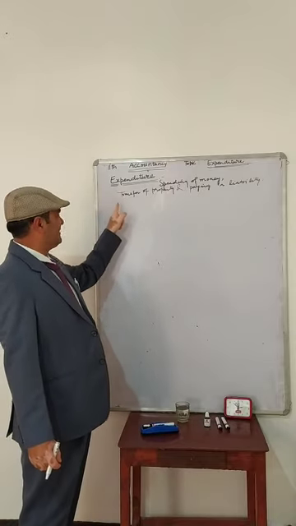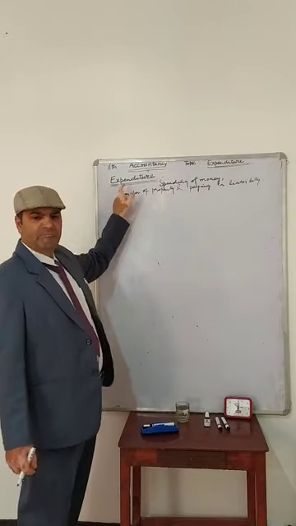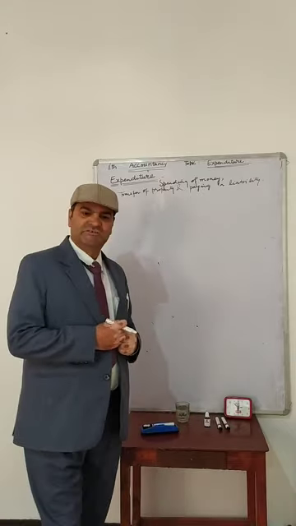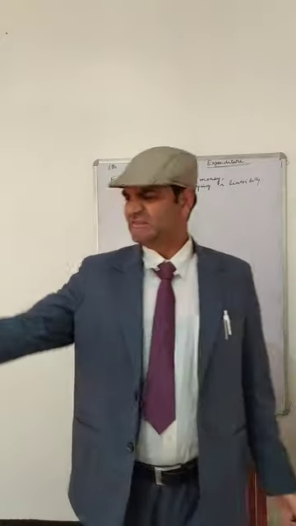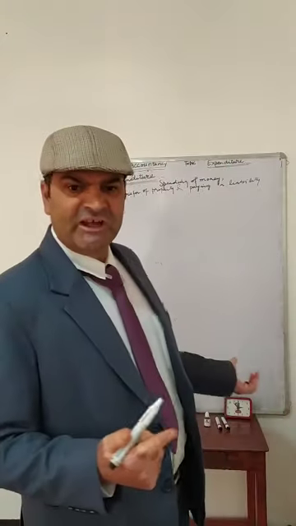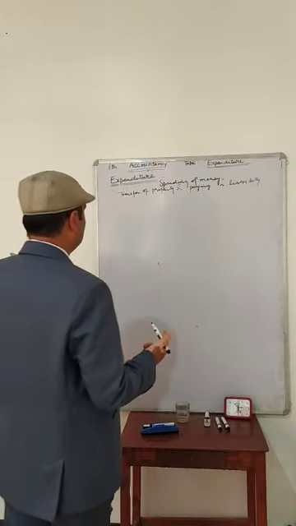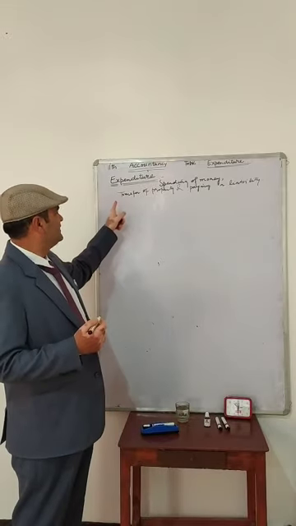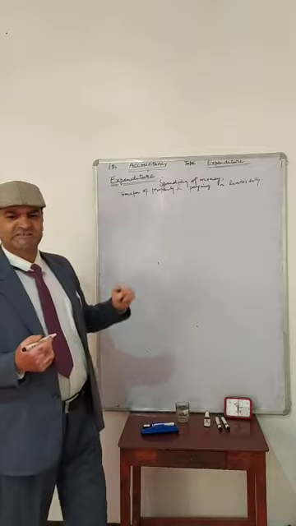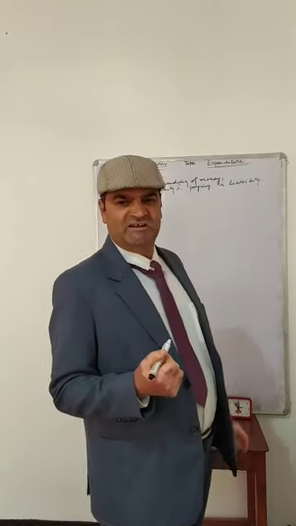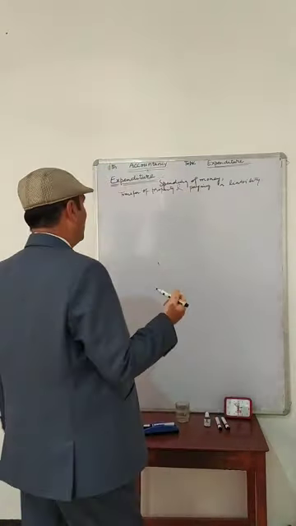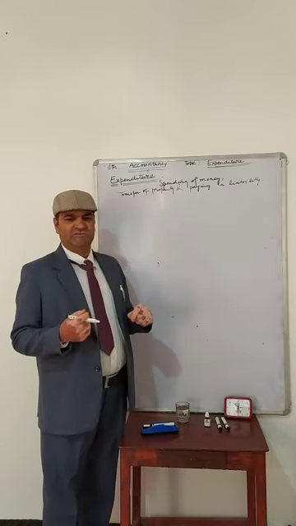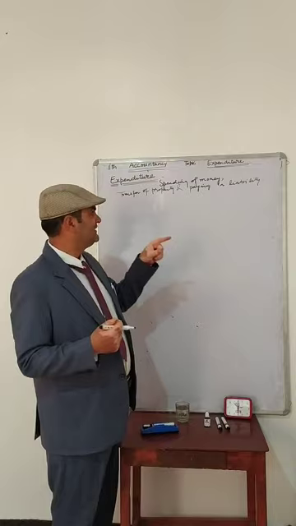I will explain this term with the help of an example. Suppose you are going to purchase some products for domestic purpose, for example rice, vegetables, atta, oil, etc., and you spend money for these products.